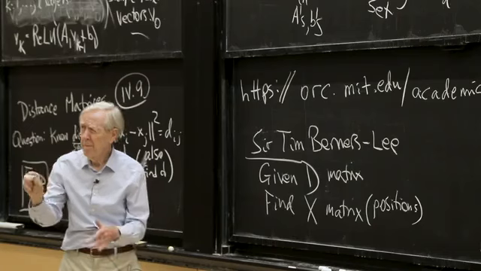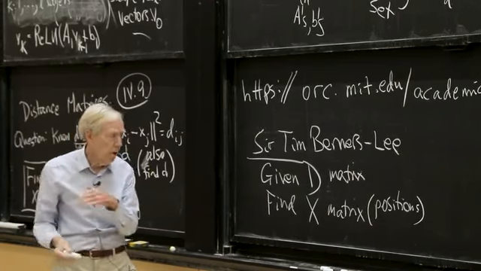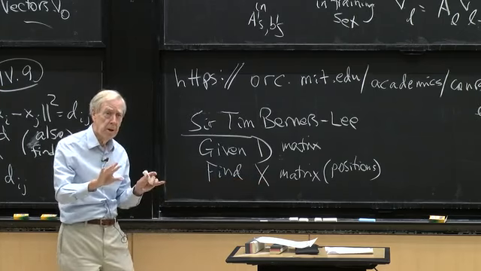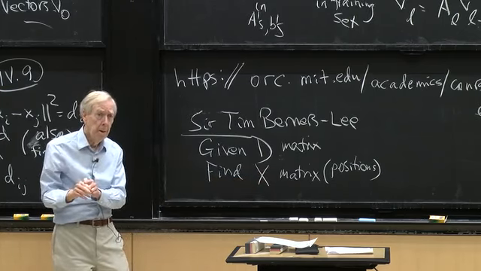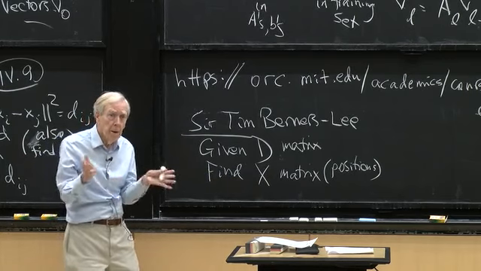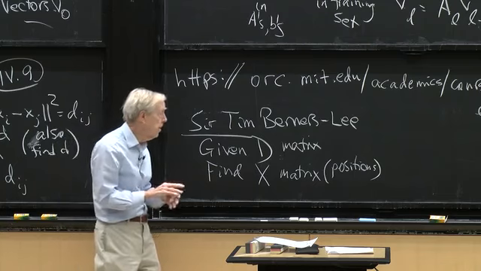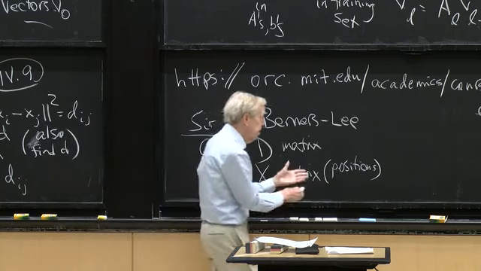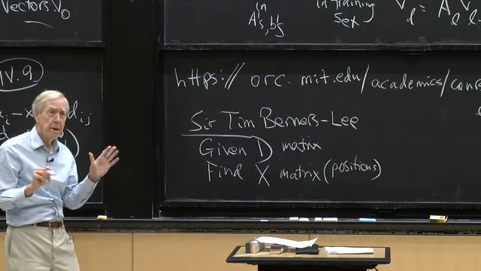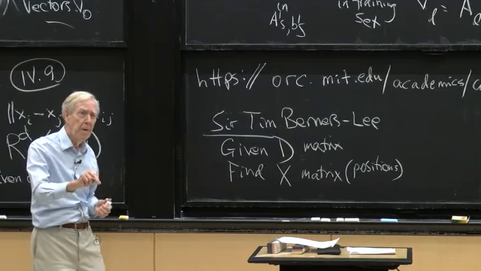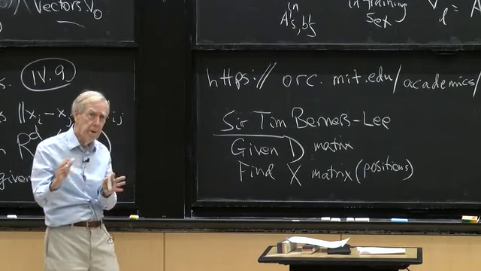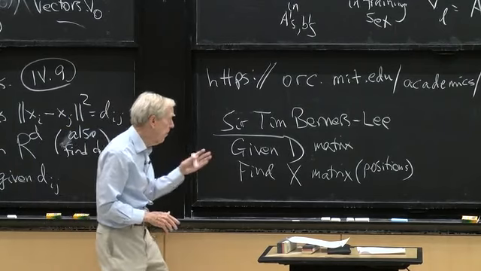And as you already saw in your mind, if I have a set of positions, I could do a translation. The distances wouldn't change. Or I could do a rigid rotation. So positions are not unique, but I can come closer by saying put the centroid at the origin or something like that. That will take out the translations at least. Okay, so find the X matrix.